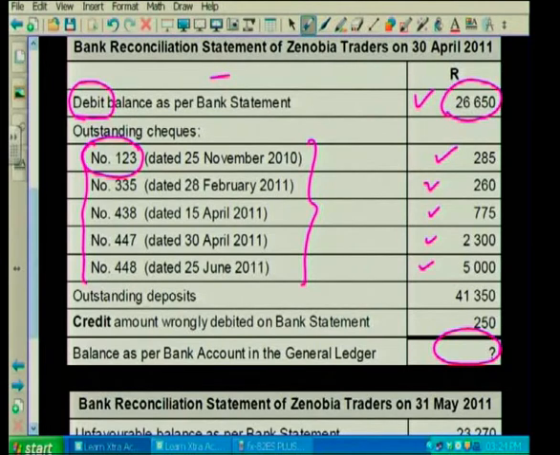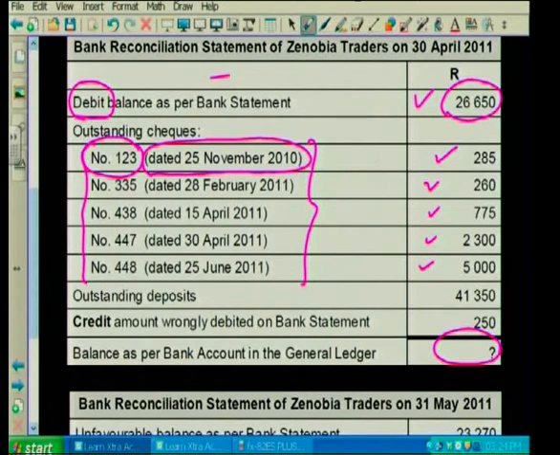Watch. Important. RTFQ. Dated the 25th of November, indicating to you that this check appeared in November, December, January, February, March, and April. Got that? I'm sure you can count 6 months.